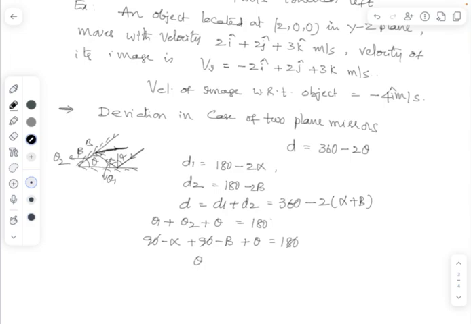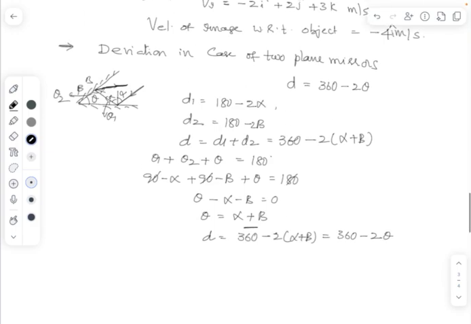Therefore, theta equal to alpha plus beta. Therefore, deviation D equal to 360 minus 2(alpha plus beta) equal to 360 minus 2 theta. So deviation in case of two plane mirrors is D equal to 360 minus 2 theta.